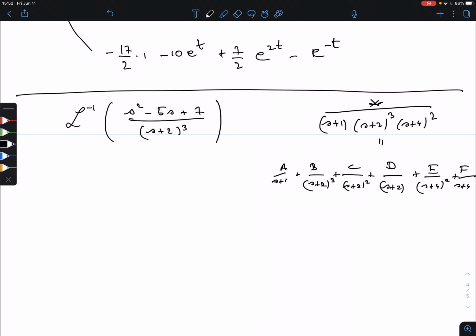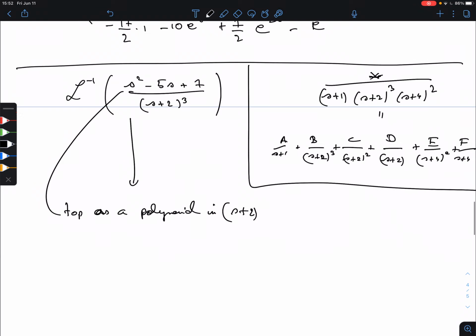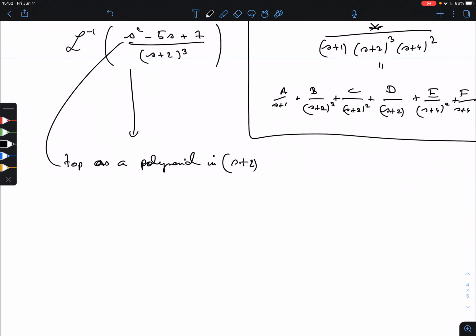In that case, what I'm going to do is write the top as a polynomial in s plus 2. From power series, we know that this makes sense to do. The way to do that is you write s as s plus 2 minus 2 and plug in.